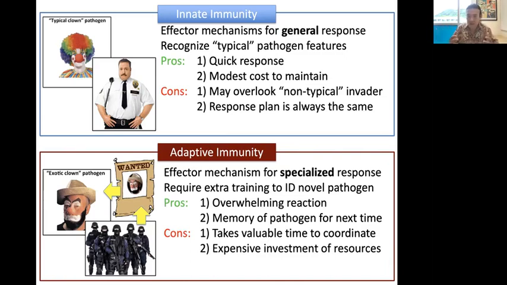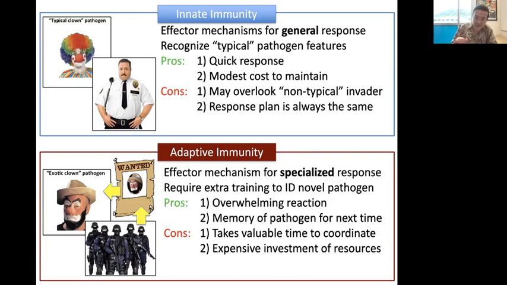And as I said before, that's like having many copies of this wanted poster that you keep plastered around in different places. There's a particular molecule or type of molecule in our adaptive immune system that is the wanted poster, and we will learn about that.